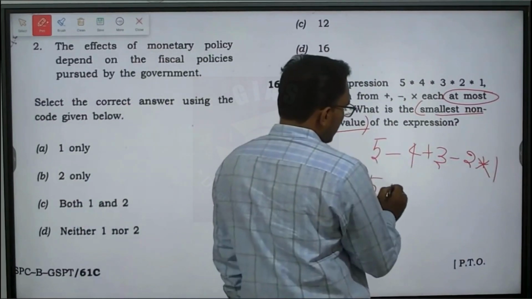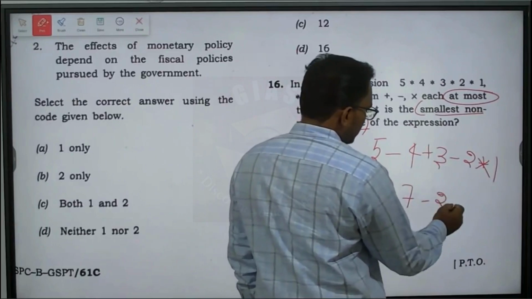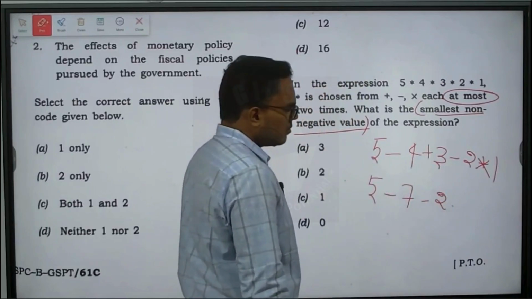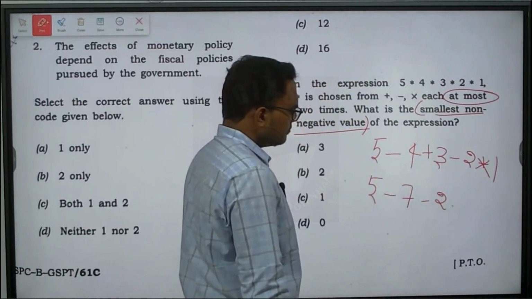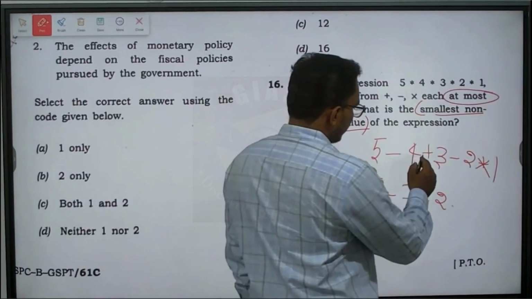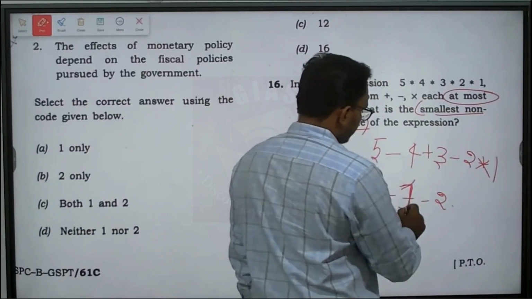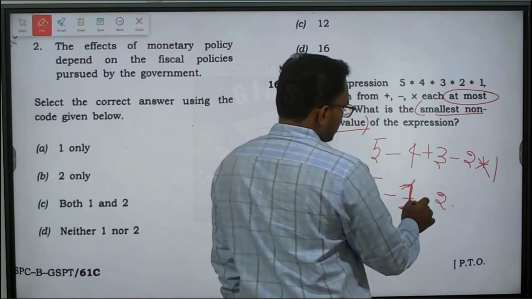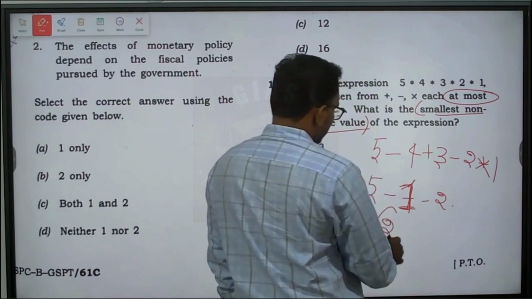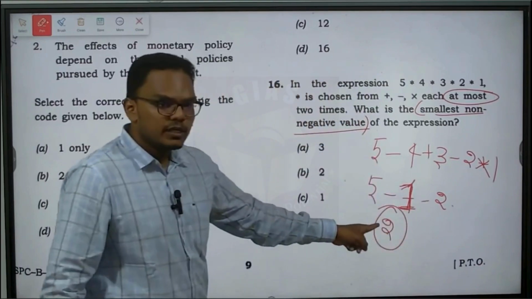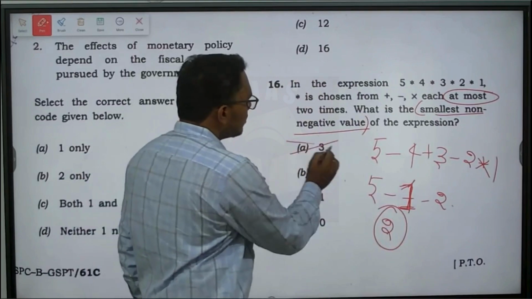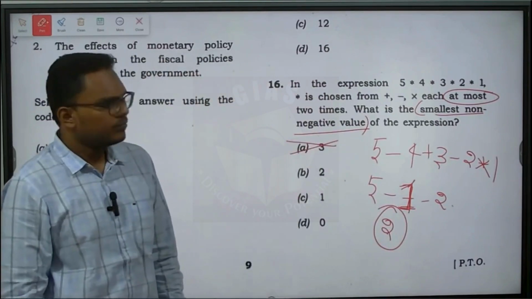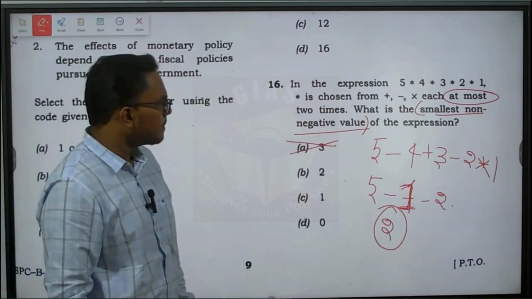You'll have 5 minus 7 minus 2. Sorry, not 7, minus 1. So this is 2. If you're getting 2, then definitely 3 is not the answer. So you have eliminated that.